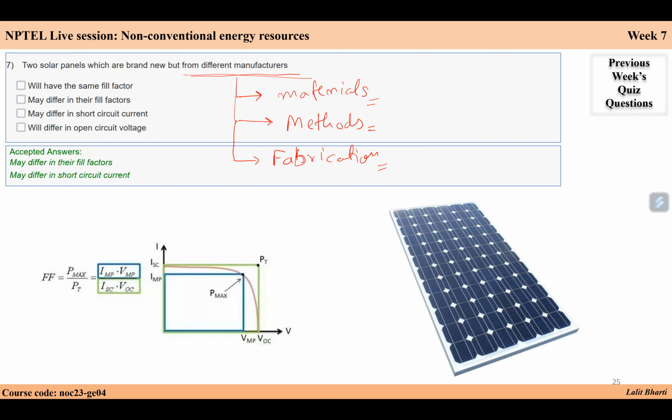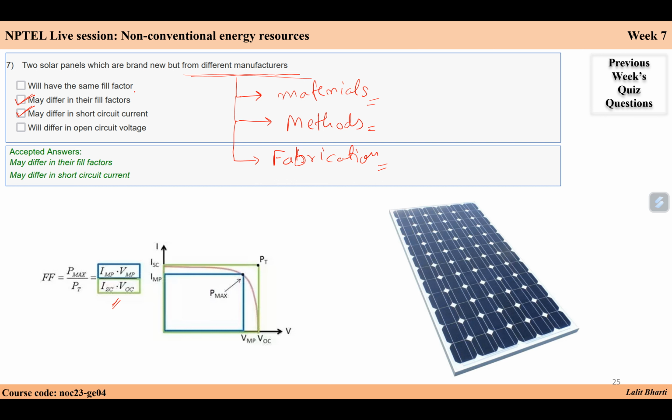They may differ in the fill factor, since IMP and VMP need not be identical for both. They may differ in both short circuit current and the fill factor.